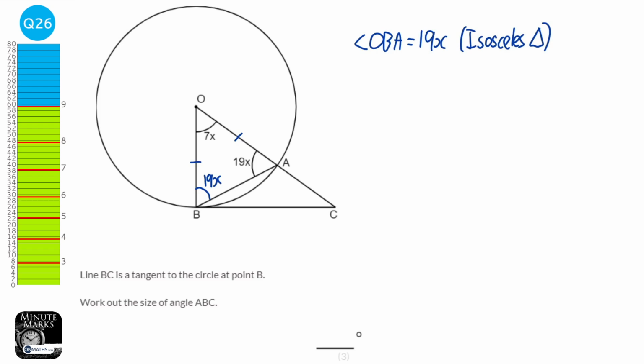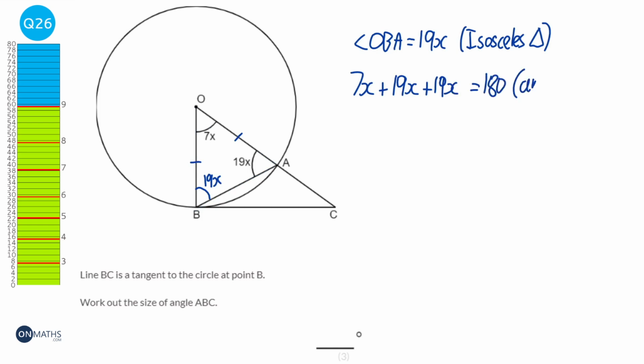Okay, so we know these two are equal. Well, we also can work out x because, as I said before, we have a triangle here. And all angles in a triangle add up to 180. So we've got 7x plus 19x plus 19x equals 180 degrees. And this is angles in a triangle equal 180 degrees.